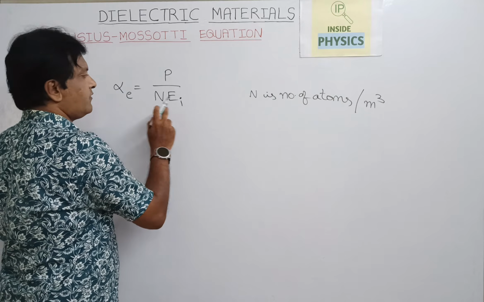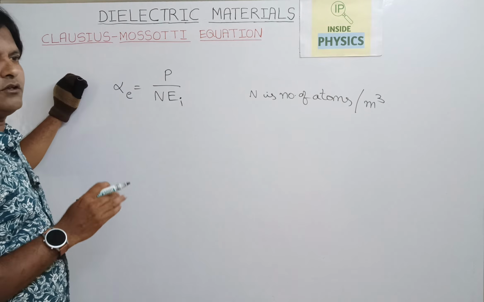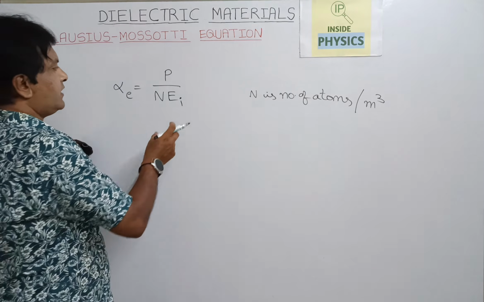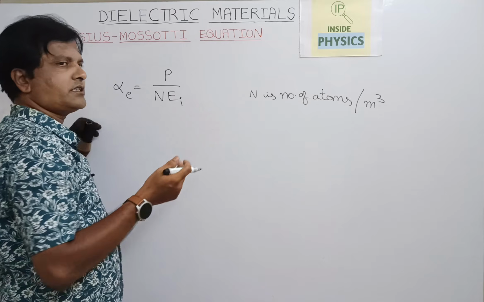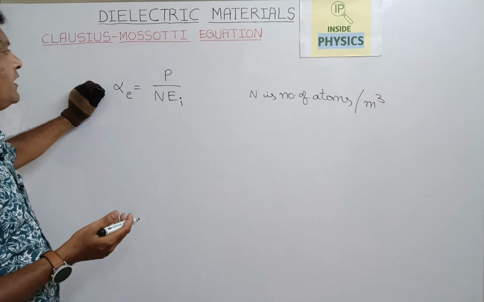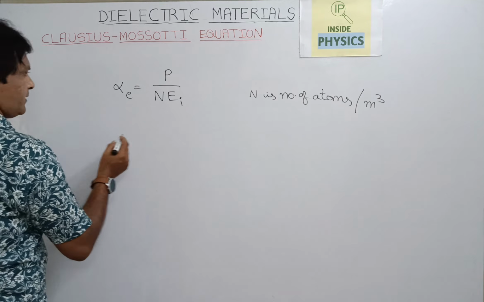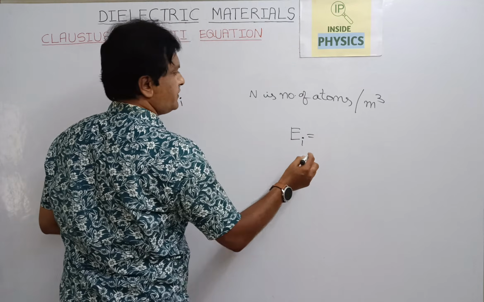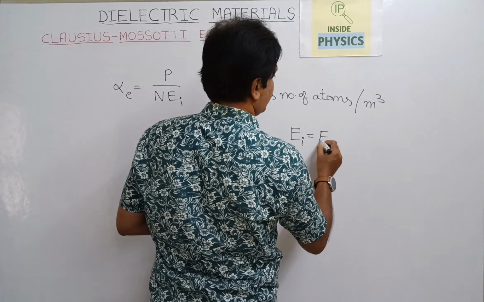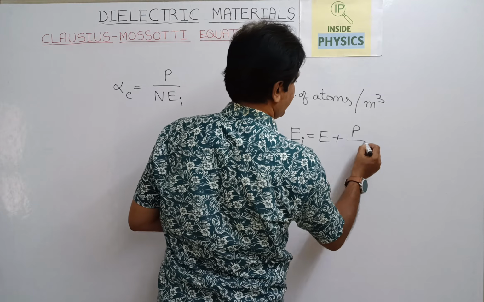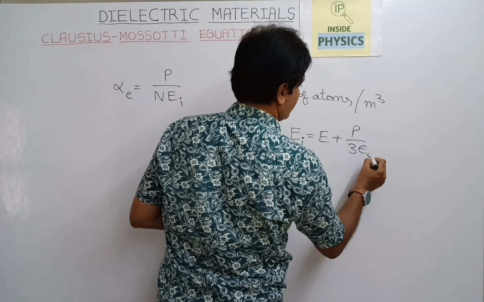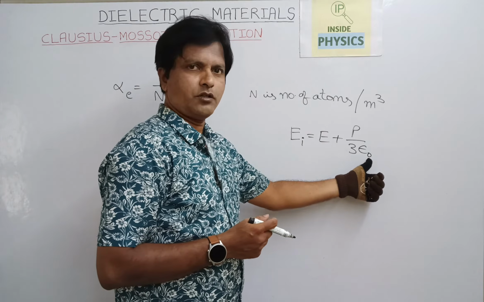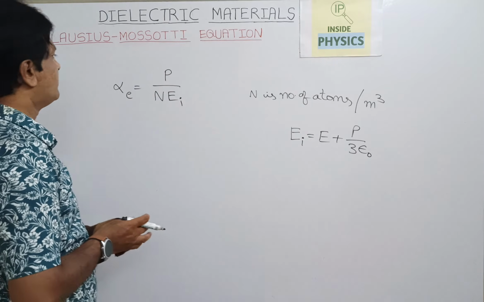This is the internal field, also called the Lorentz field, inside a dielectric material that will exist when we apply an external field to a dielectric material. For that we know E i, the Lorentz field, is equal to E plus P by 3 epsilon naught, where epsilon naught is the permittivity of free space.